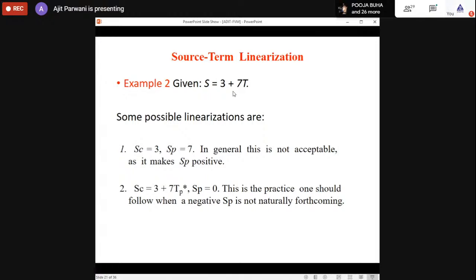To avoid that, we take all these things into a constant SC value, 3 plus 7 Tp star, and put SP equal to 0. Then AE, AW, AP, AN, AS are all positive, so our rule will not be violated.